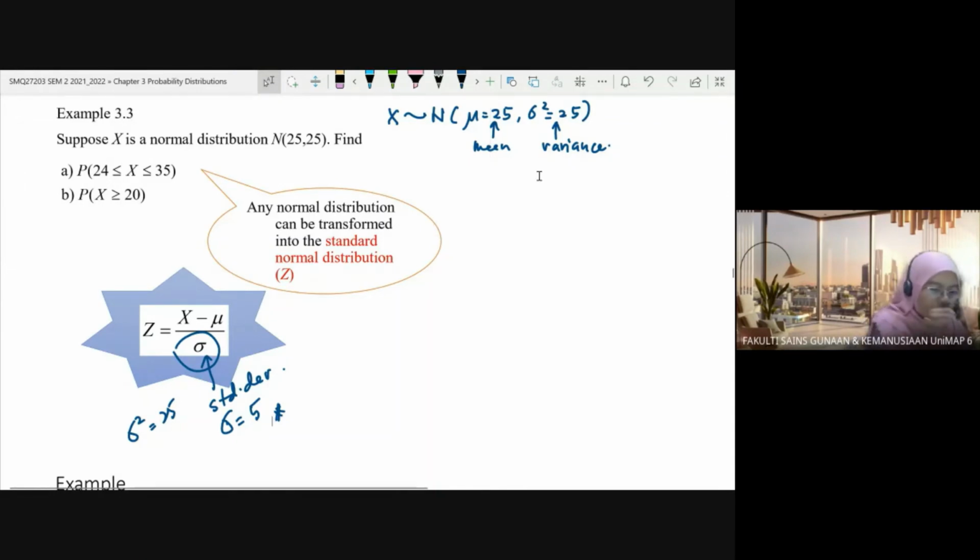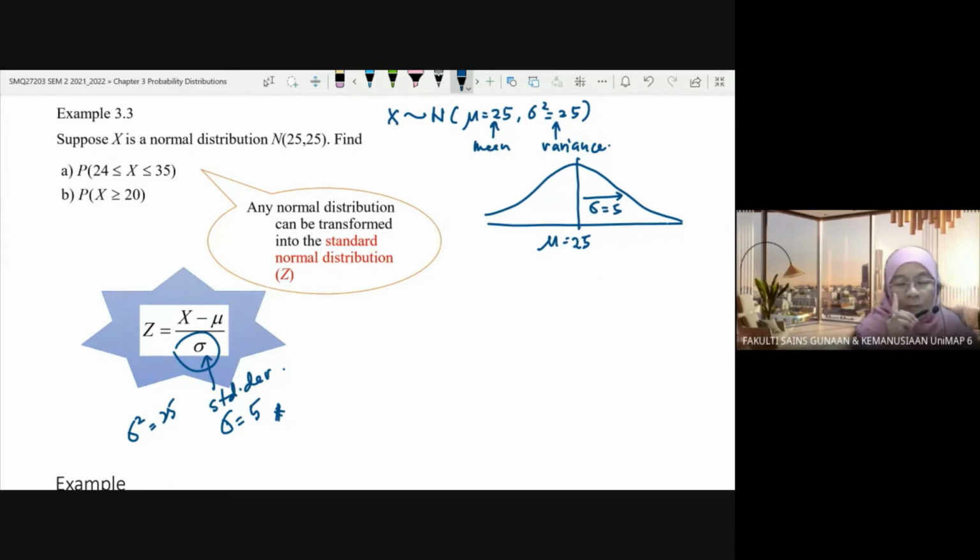Now if I draw the distribution of the original X, it is normally distributed with mean 25. This is the mean, and the standard deviation is 5. Now transform that into Z. What is the process?